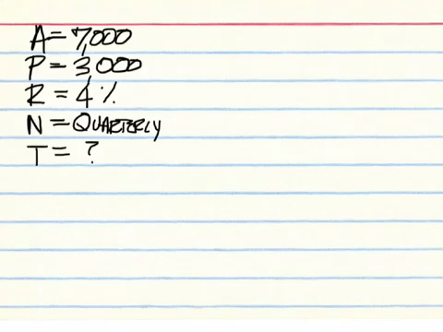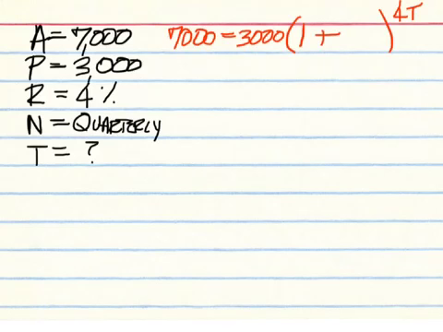So set up the problem as 7,000 equals 3,000 times the quantity 1 plus, and then we'll have our rate 0.04 divided by n, the quarterly amount, which is 4, to the quarterly times time power. Quarterly is 4, and time we don't know, so that's t.